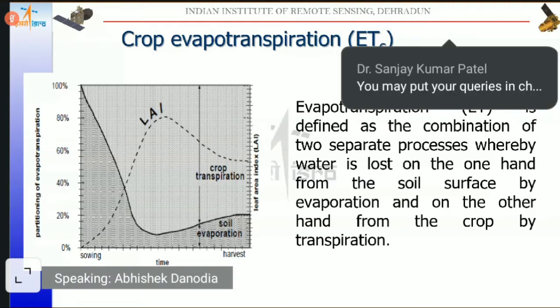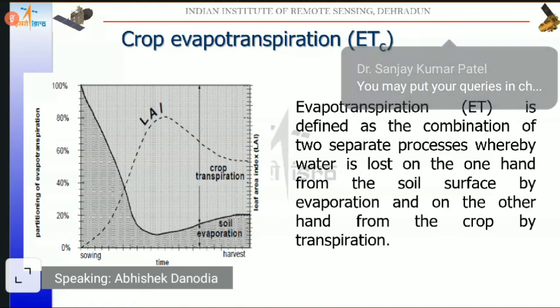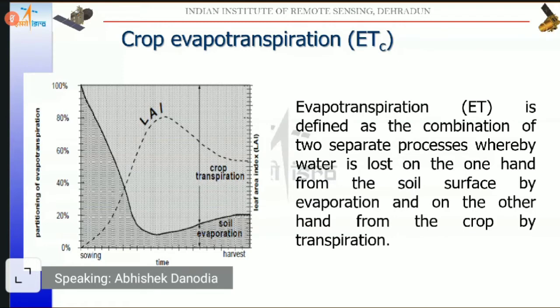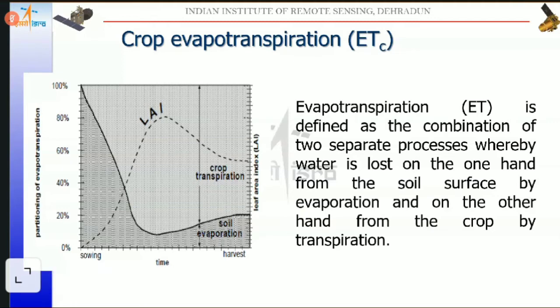At the sowing stage, the soil is completely exposed to solar radiation, and the energy lying on the soil surface simply evaporates the water available in the soil. Because it is a zero vegetation stage, at that time the maximum evapotranspiration is evaporation only.